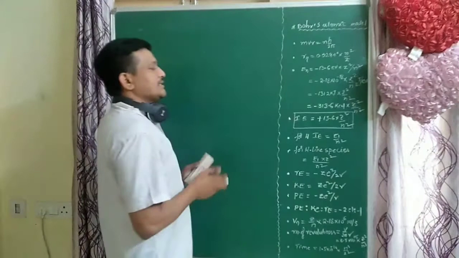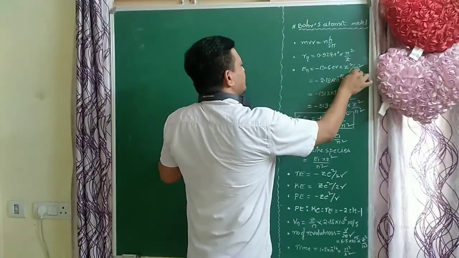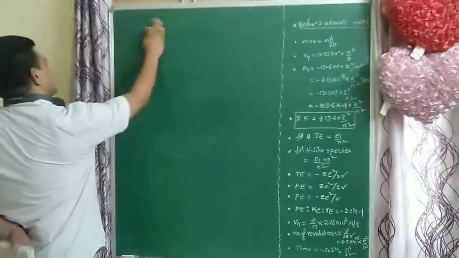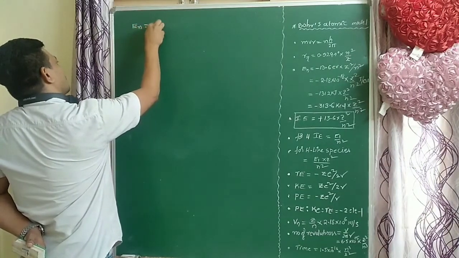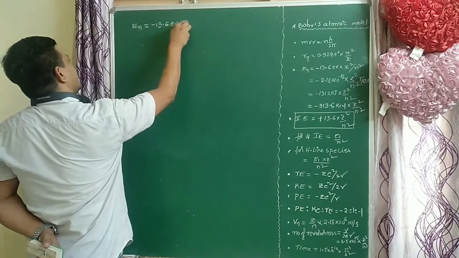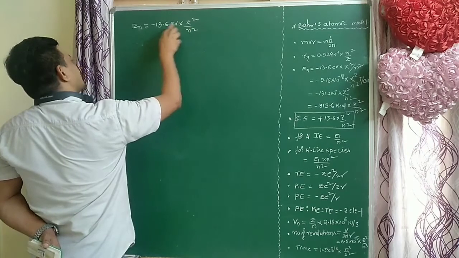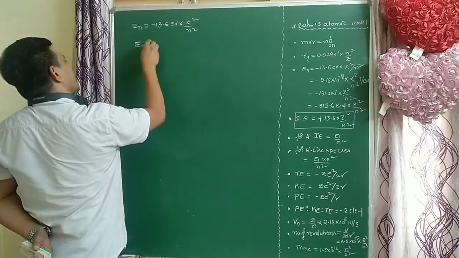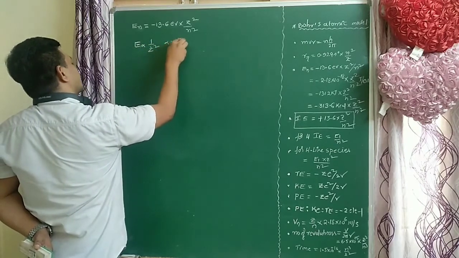So energy's relation with atomic number and principal quantum number: En equals minus 13.6 electron volts into Z square by n square. Here minus is there. Energy is inversely proportional to Z square and directly proportional to n square.